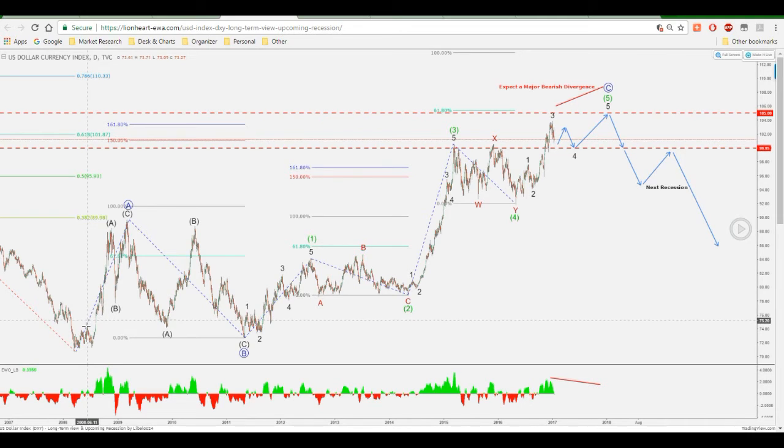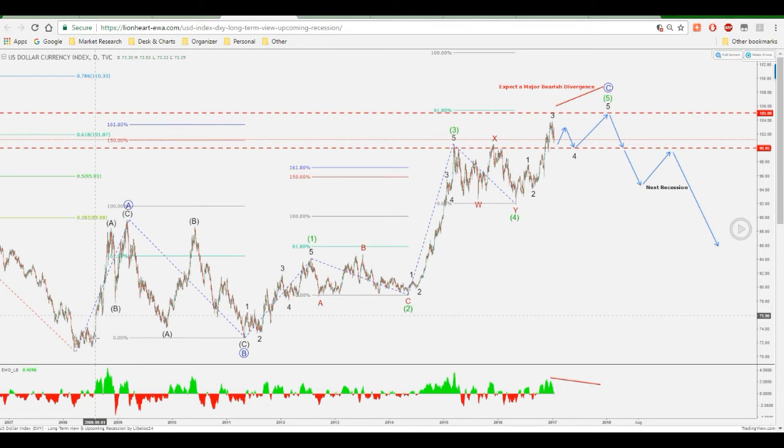I would not be counting this as a 1, 2, 3, 4, 5 due to the fact that this whole thing, this corrective, let's say two, if you would count it as an impulsive 1, 2, 3, 4, 5, looks very much like a B to me. One thing is for sure: let's say we had one here, then two, and then an extended third wave.